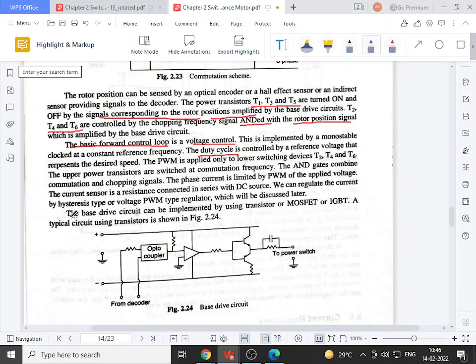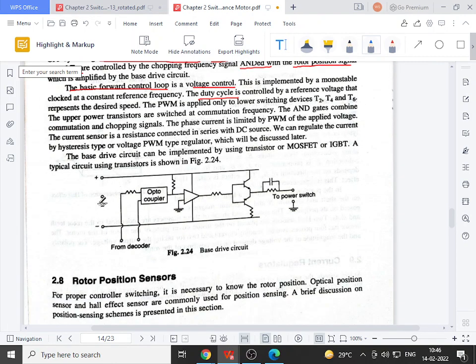Now the basic driver circuit for the transistor or for MOSFET or for IGBT is as shown in figure. So this is actually the basic driver circuit of MOSFET or IGBT. Again there is an isolation between the power signals and control signals, that means the sensor output, which is nothing but the decoder output.